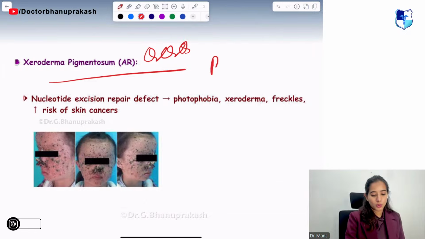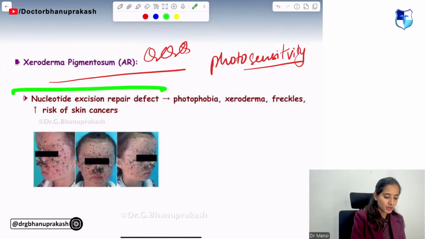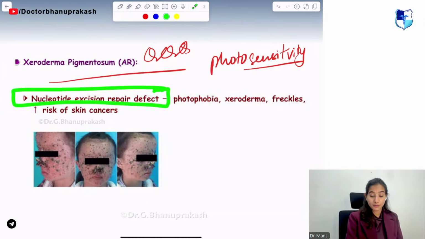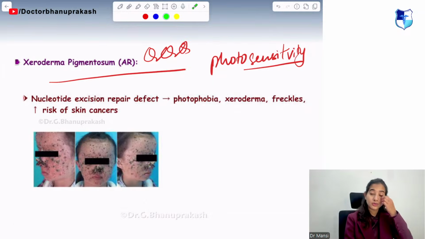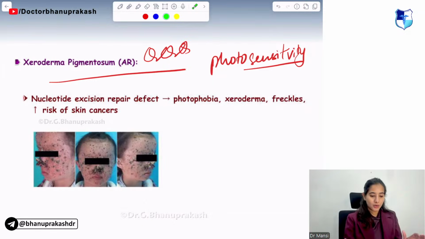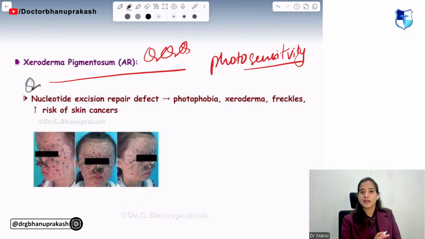Look for photosensitivity. That is very, very important for xeroderma pigmentosum. This is a nucleotide excision repair defect. Very, very important. The patient will have photophobia, xeroderma, and freckles, and it is a condition which also increases the risk of skin cancers. Important is to remember the nucleotide excision repair defect.